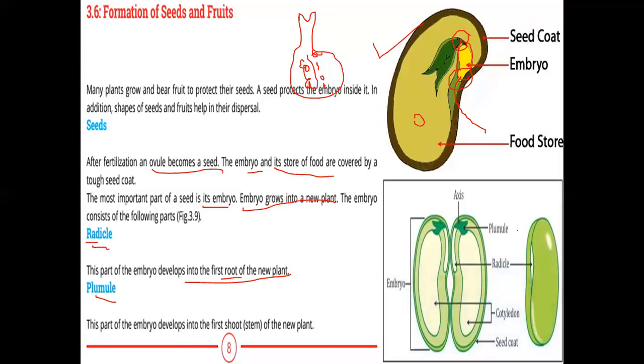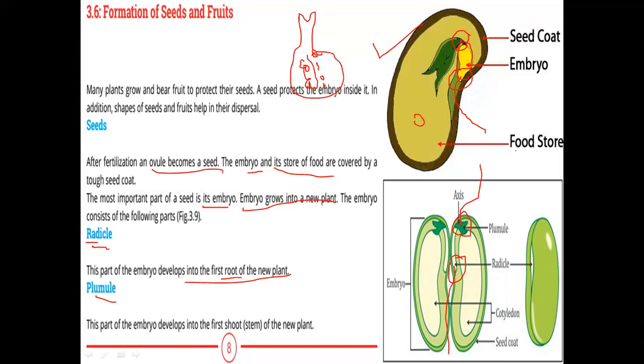If you see in this structure, this is a bean, and this is the embryo of this seed, and here the stem is growing, and here the root is growing. Root grows downward to the ground, and the plumule goes to the upper side of the ground surface.